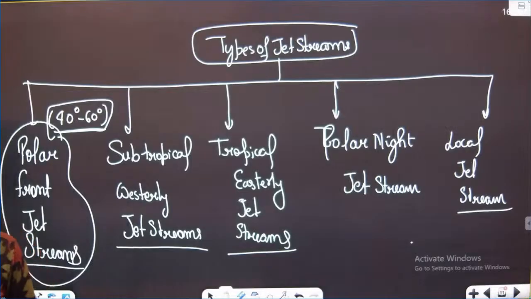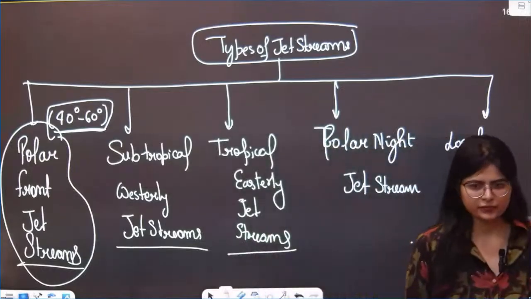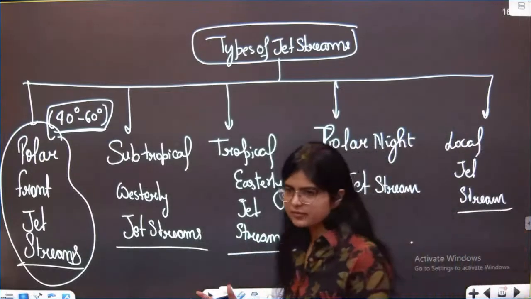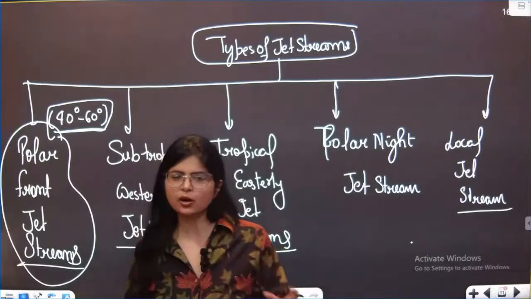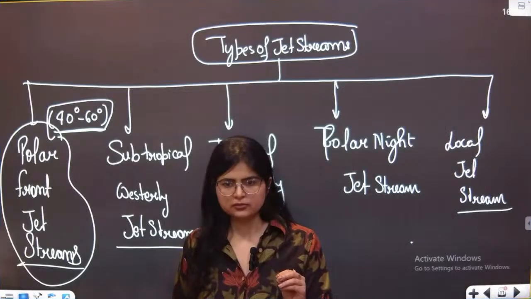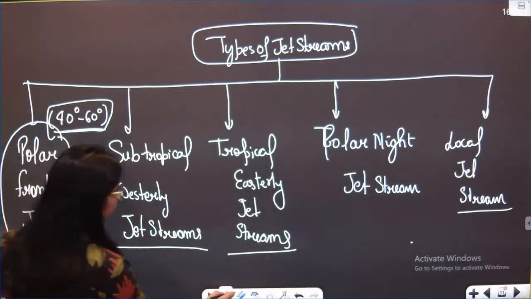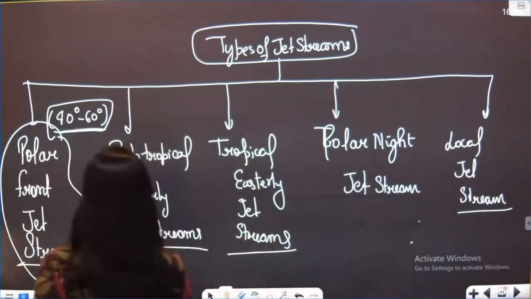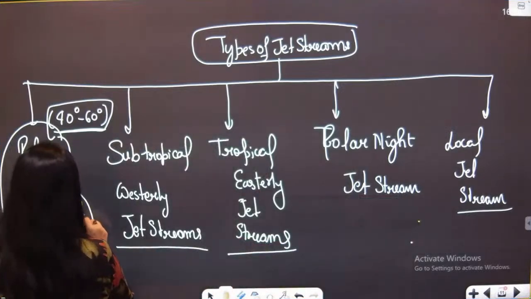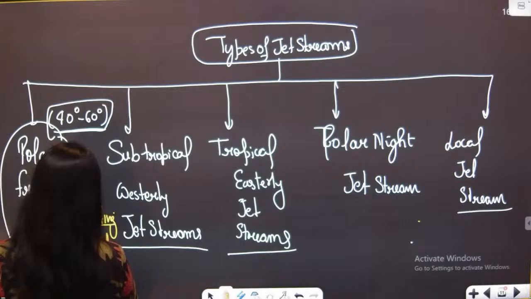And how have they been formed? Because of contrasting air masses. What are the contrasting air masses? Contrasting air masses means when you have the cold air mass and the hot air mass. Contrast means what? Different, right? So there are two contrasting air masses. What two contrasting air masses do we have? Cold and hot.